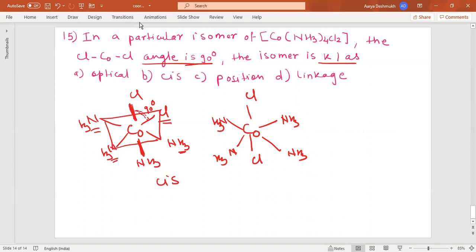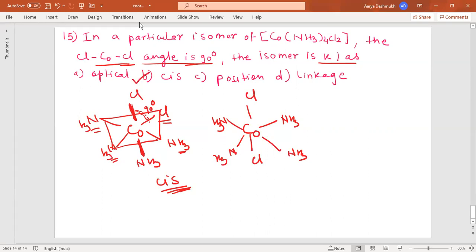So this angle would be 90. For this cis isomer, this angle is 90 degrees. So the answer for this is 6.